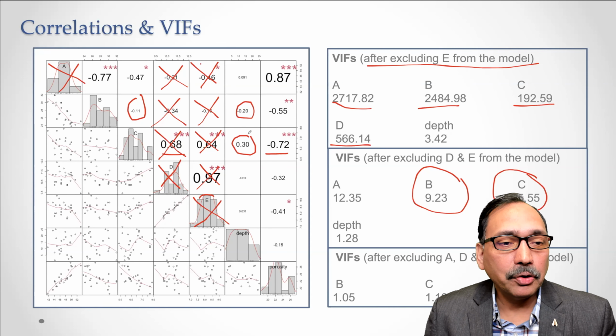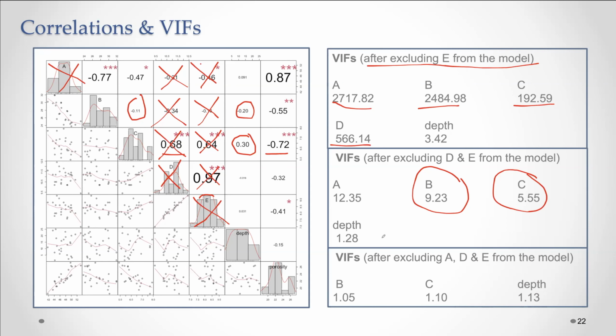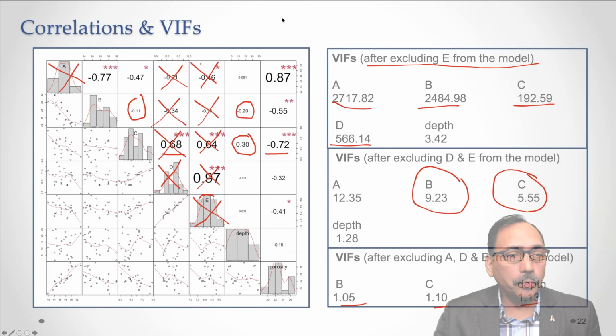So they are unlikely to create multicollinearity problem. And that's also verified from this. After A, D, E are eliminated, you can see VIF values come down drastically. So that's how we address VIF.